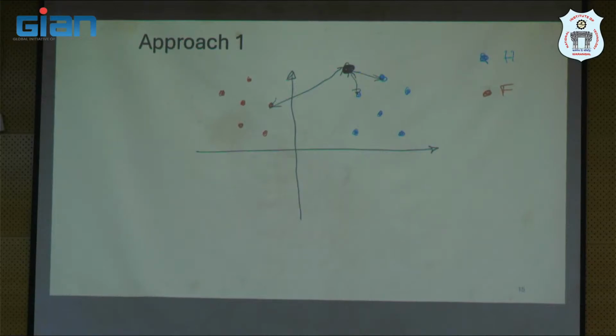It may have 7 features, 10 features, doesn't matter. It may not be captured on a 2-dimensional plot like this, but for ease, I am using a 2-dimensional feature vector, and the feature vectors are plotted and the labels are color coded, and when the test point comes, all I have to do is find the distance of this test point with every other point in the training data set.